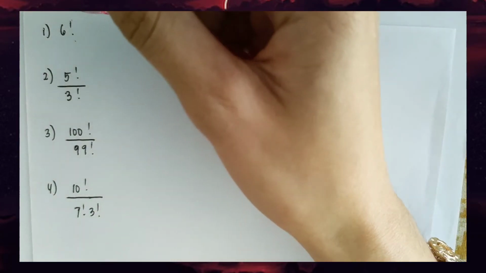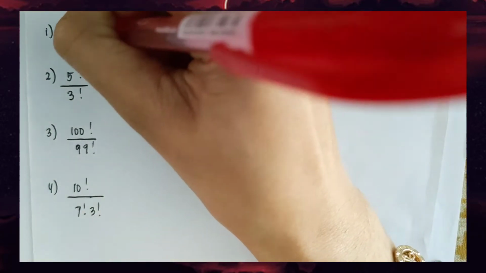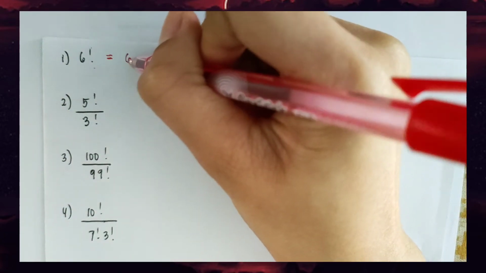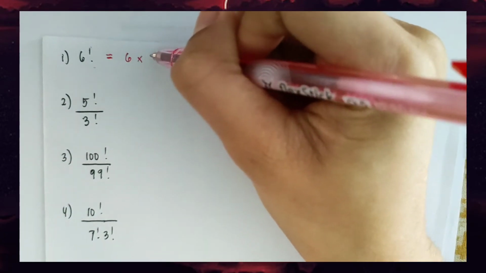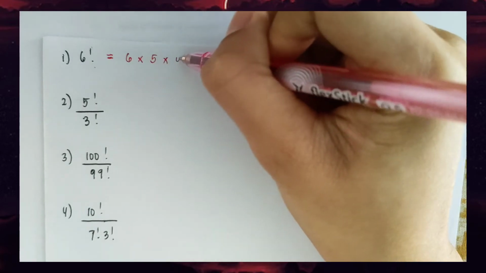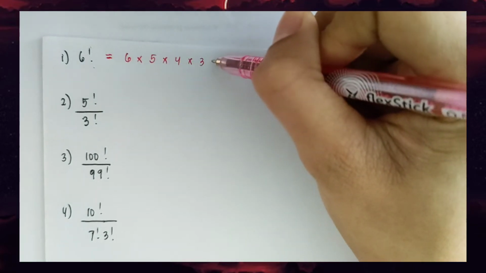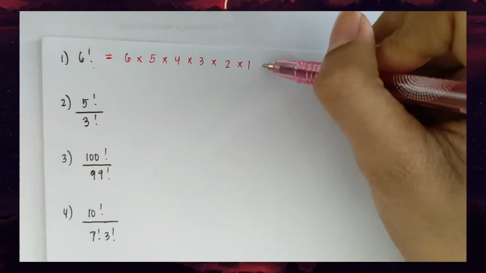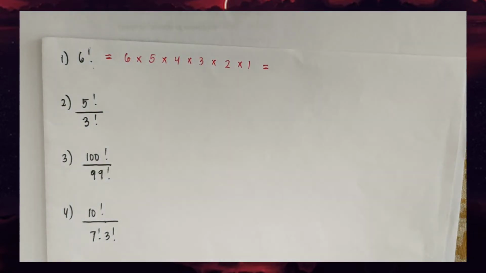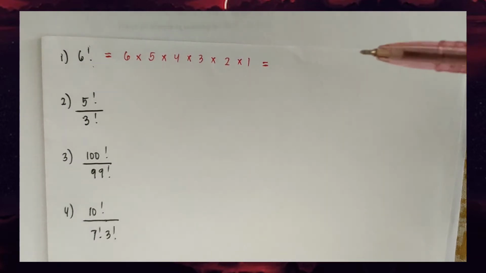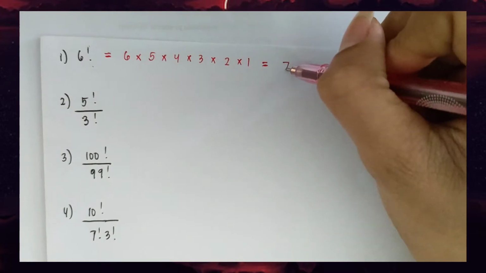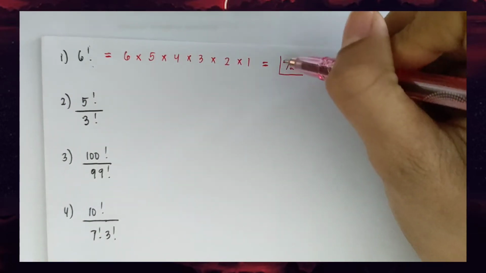So 6 factorial is 6 times 5 times 4 times 3 times 2 times 1, and that is equal to 720.